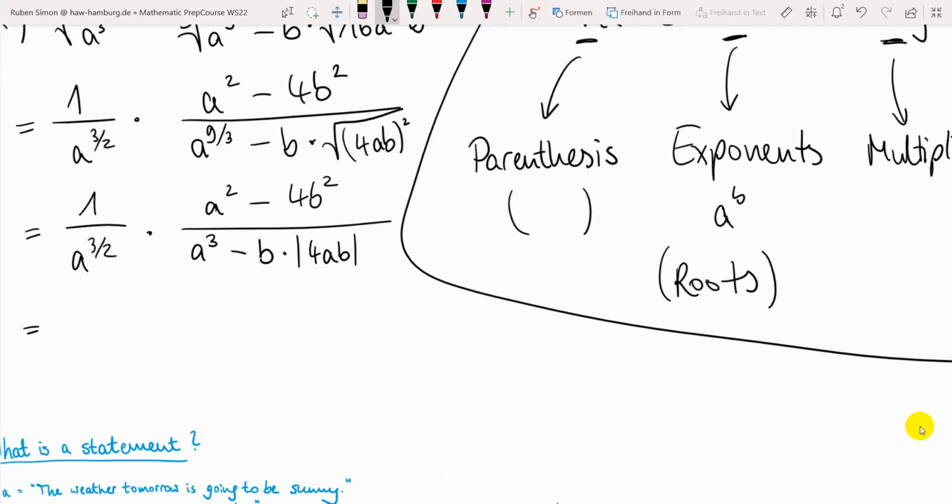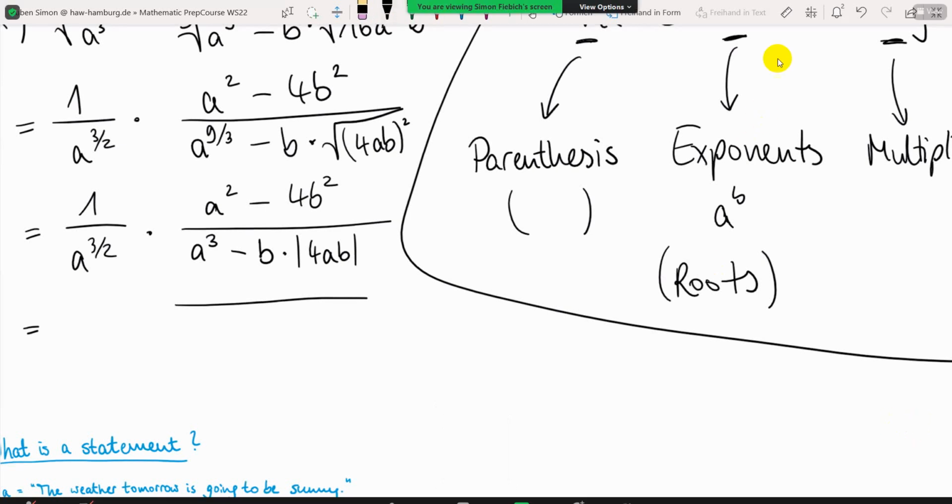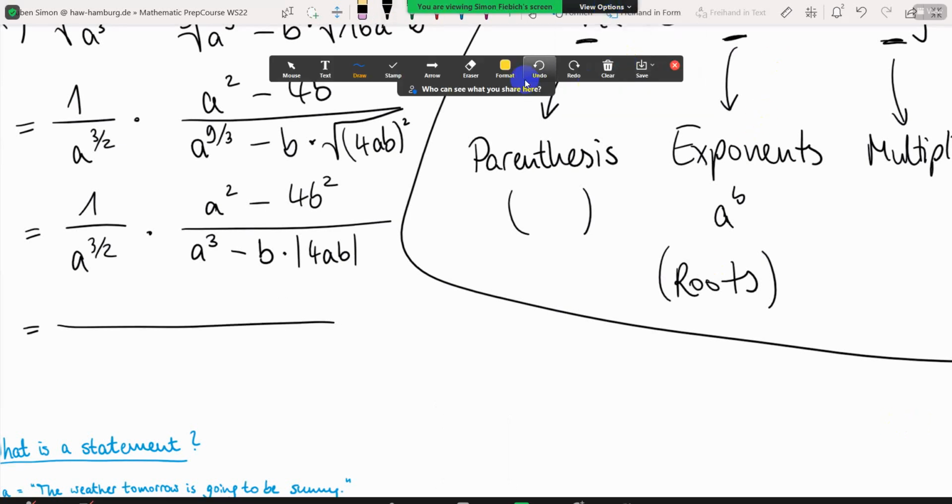Sorry again, please. Could you repeat? Okay, so at first we could write all this as one big fraction, right?